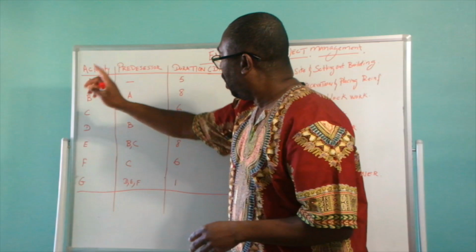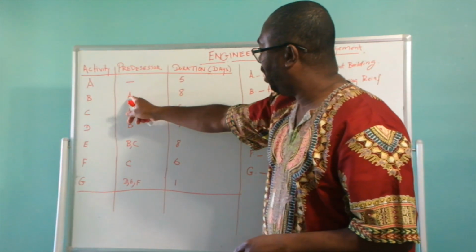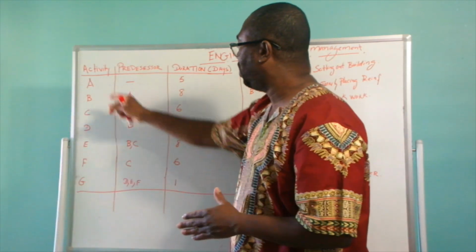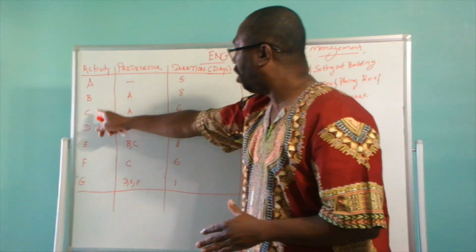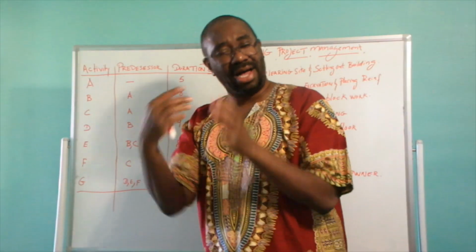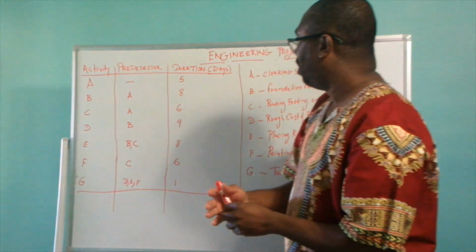Activity B comes out of activity A. That means activity A must be completed before activity B is started. Activity C comes out of activity A. That means activity A has to be completed before activity C is started.